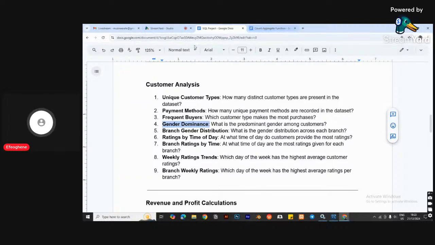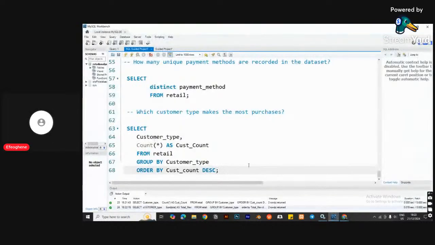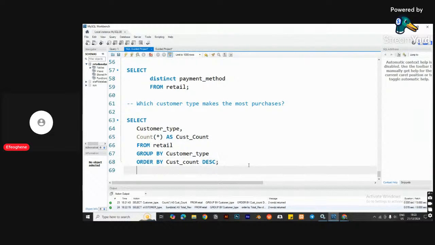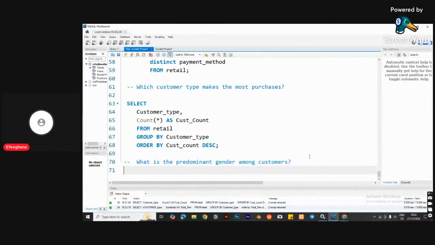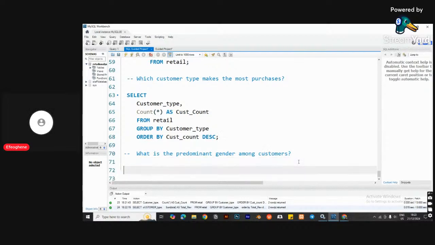So the next thing would be to see what is the predominant gender among customers. So the dominance. How do we do that? Just think on these things.